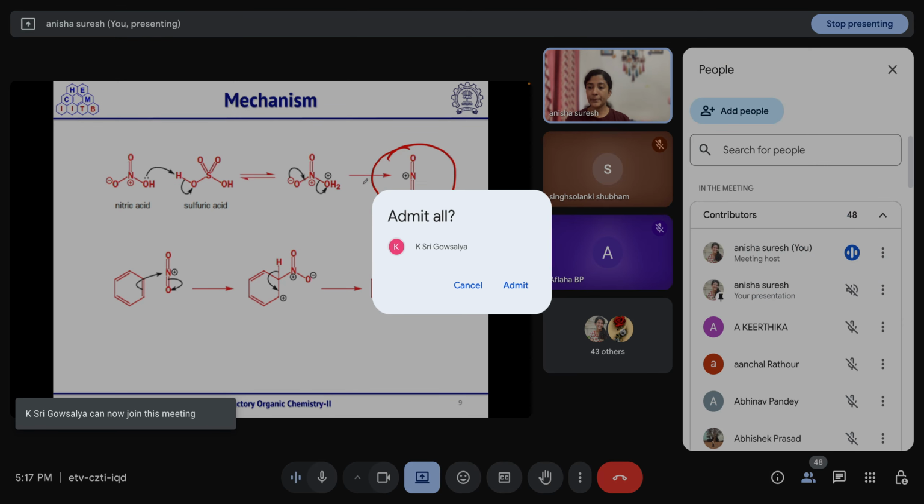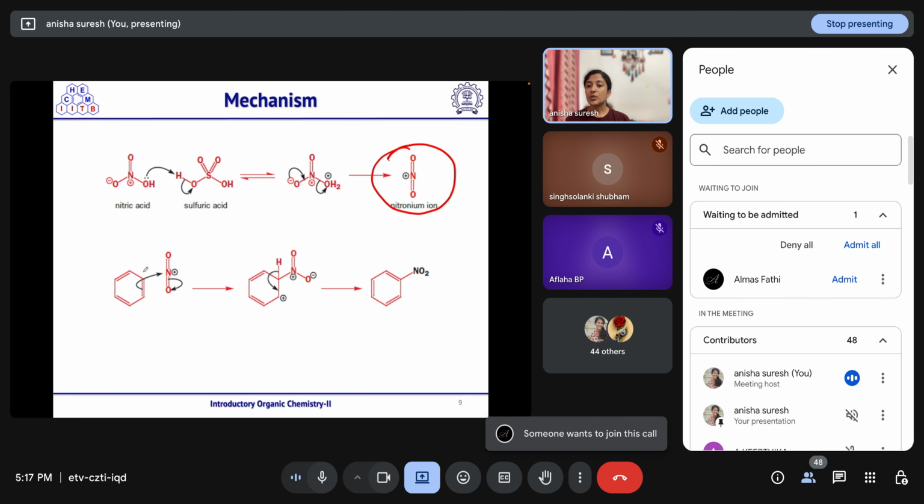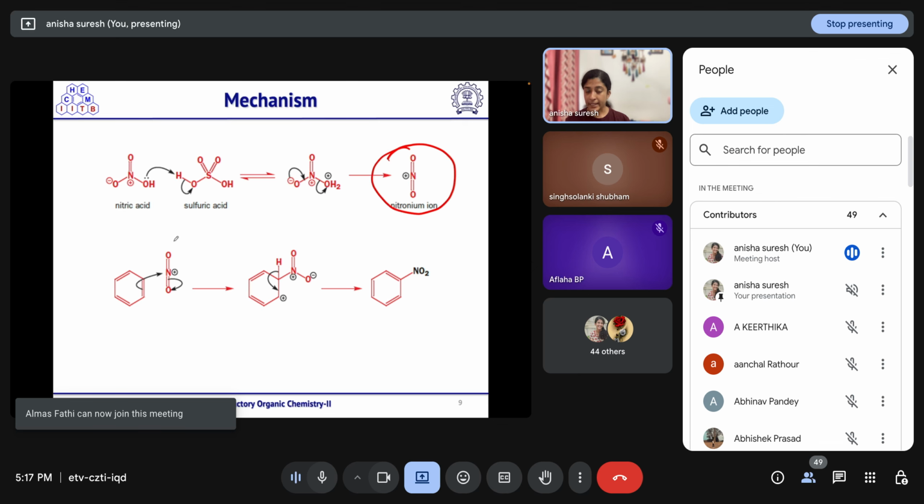Now, what will happen? We have a benzene. So this double bond can attack the reactive nitronium ion, it will attack this nitrogen atom, and this O minus will form. So it will result in the formation of this intermediate.